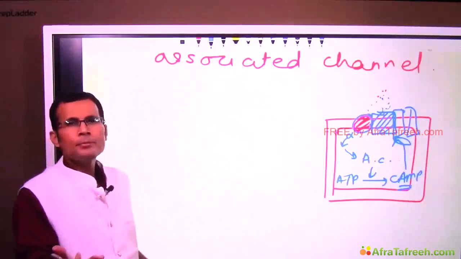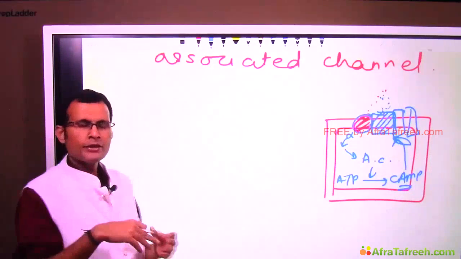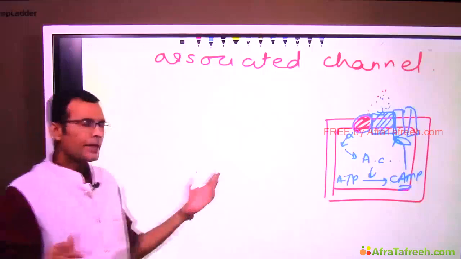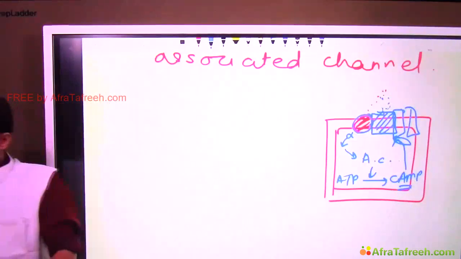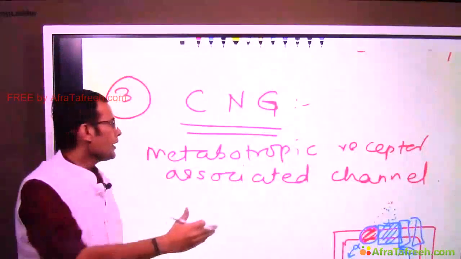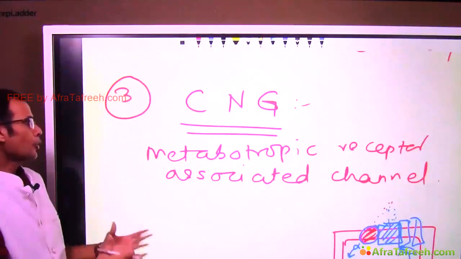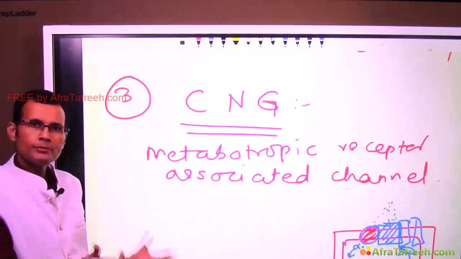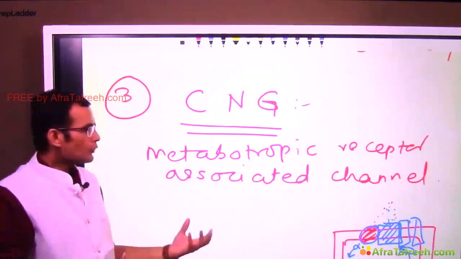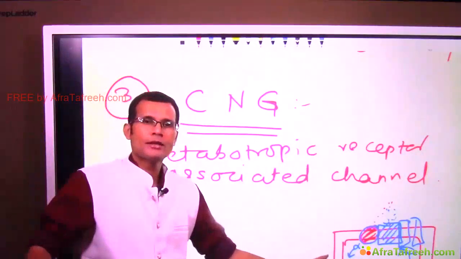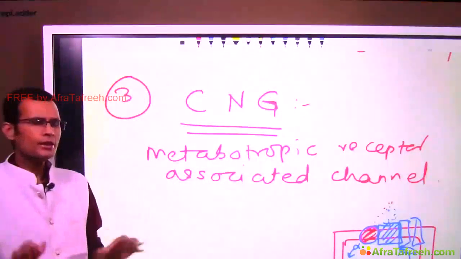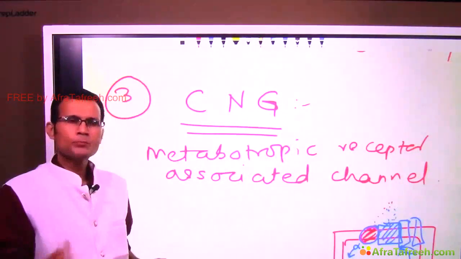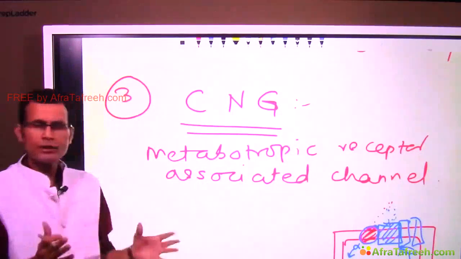Cyclic GMP gated channels are seen in the retina, in the rods, or cyclic AMP gated channels are seen in the heart or at some other places. So that's cyclic nucleotide gated channel, metabotropic receptor associated channel. Why is it called metabotropic? Because the metabolic machinery of the cell is getting activated, unlike the previous one where just a simple opening mechanism and ionic flux happens.